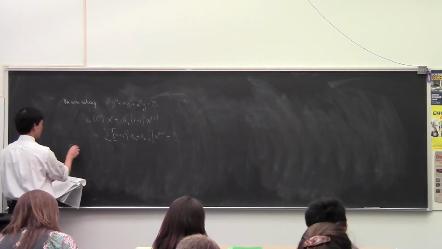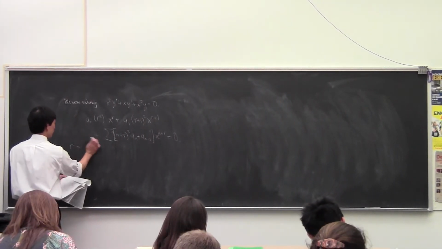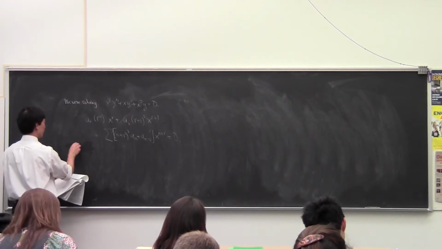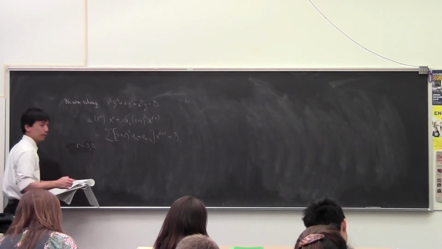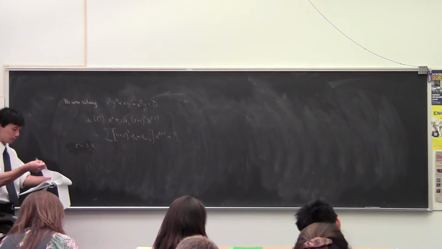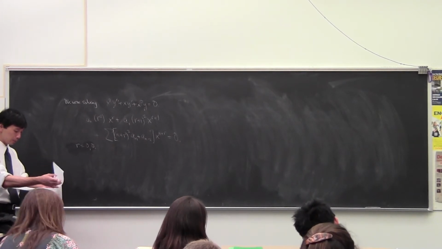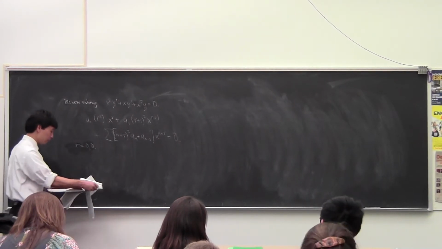We saw that the roots were a double root. r could be 0 or 0, and we calculated one solution using that recurrence relation, right?